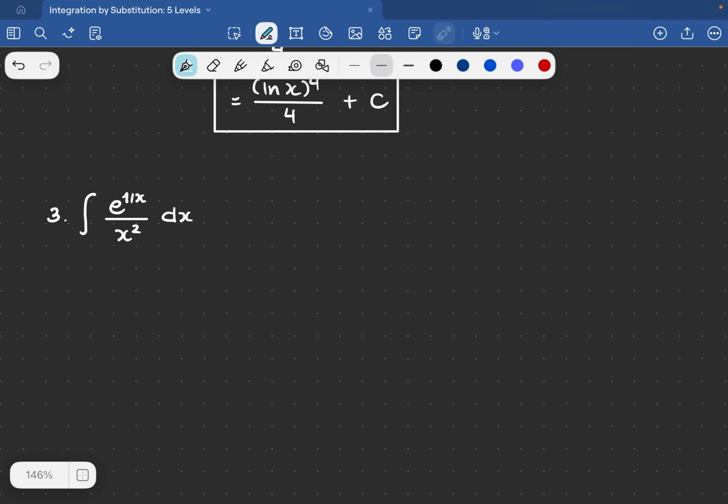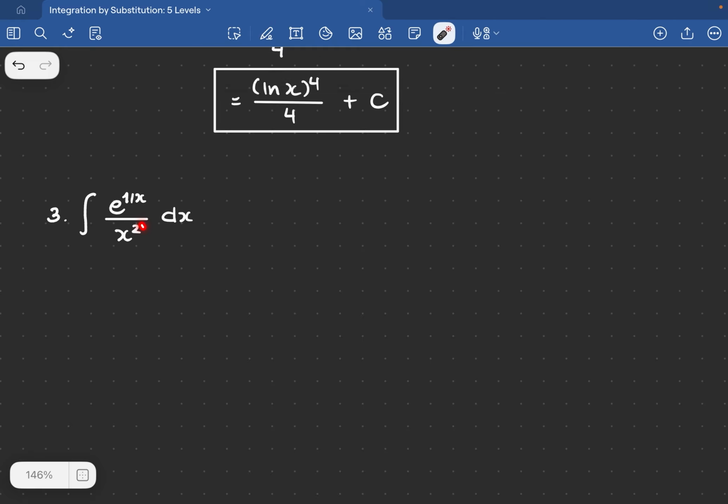So we have here the integral of e raised to 1 over x, all over x squared, dx. For this one, you may try choosing different u's. One may try choosing x squared.